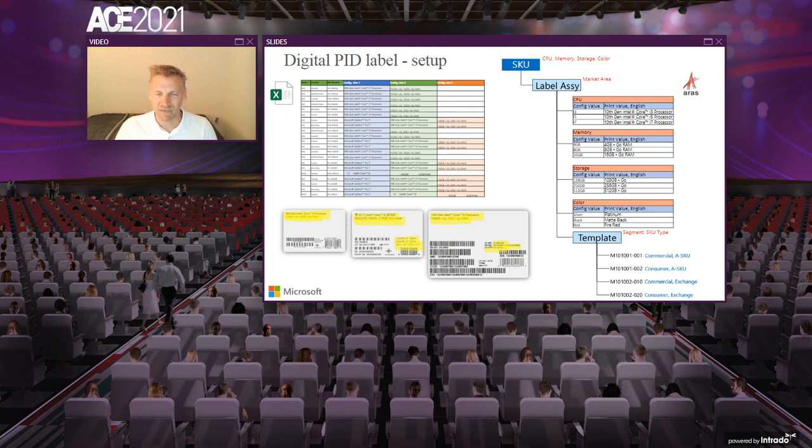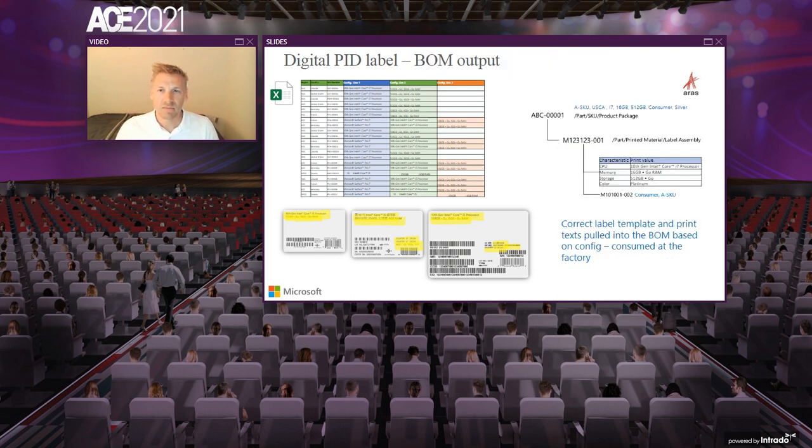But then we have those dynamic values that are based on the configuration of the device itself. And when we generate the bill of material, this label gets generated as well, and it's 100% matching, obviously, the configuration on the top. So we see the correct CPU values, memory values, storage values, color values that is based on the product itself.